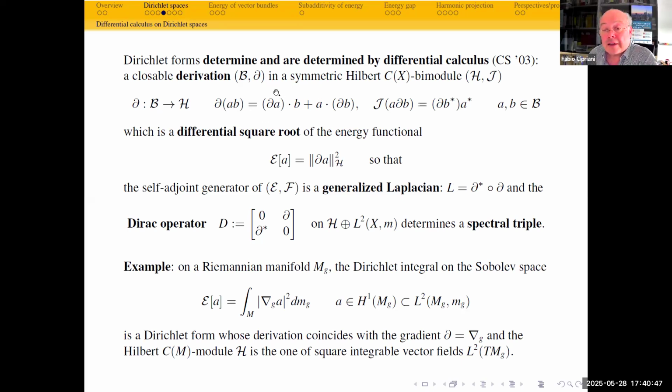Delta, the derivation, which verifies the Leibniz property, goes from the algebra, a subspace of L2, to the bimodule H. And the divergence, the adjoint of the derivation, goes from the bimodule H to the space L2. And so this is a generally unbounded self-adjoint operator.